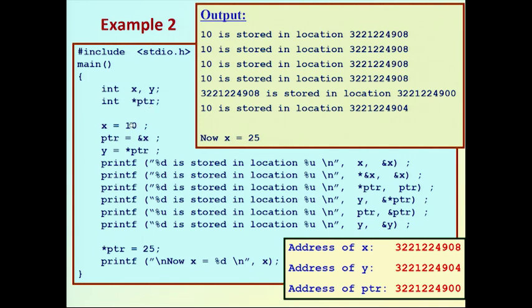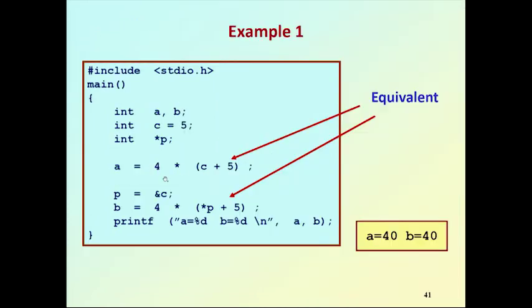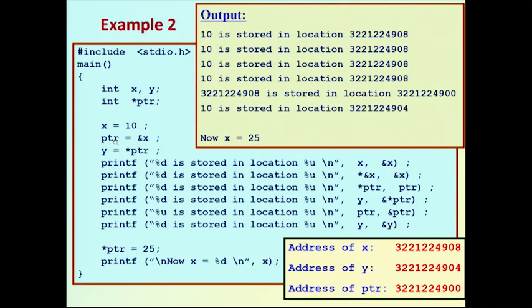We give x equal to 10, this is the initial value. ptr equal to &x, that means ptr is pointing to x, so *ptr has the same value 10. Remember this assignment. y equal to *ptr, that means y is also 10. The previous thing we have done the same way, c and b. These are also the same value.